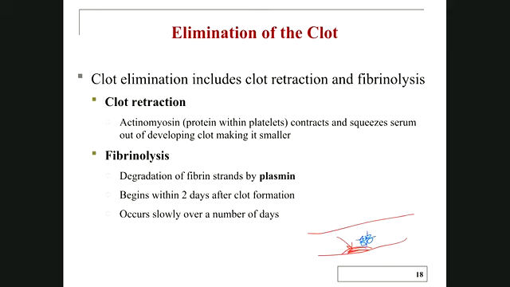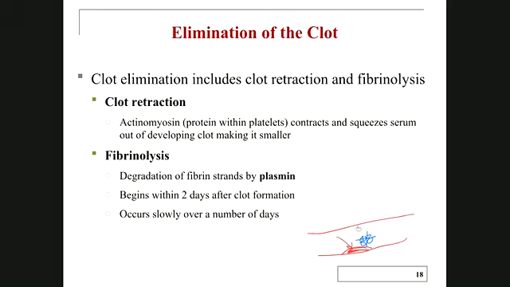So we have a network and our clot becomes stabilized. This clot, which is created inside the blood vessel, is called a thrombus. And it's an unwanted clot which we have here.